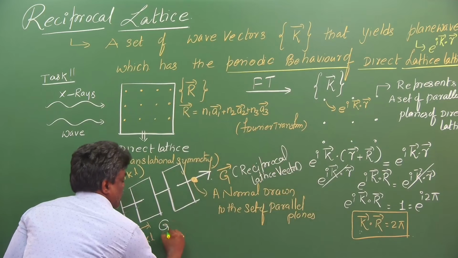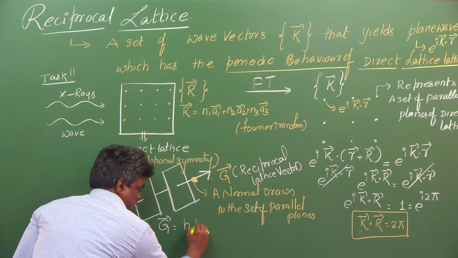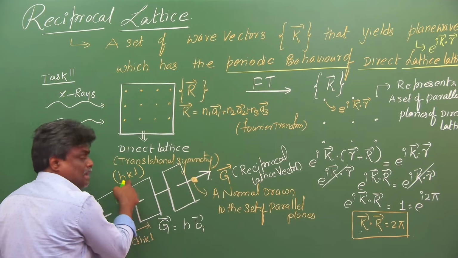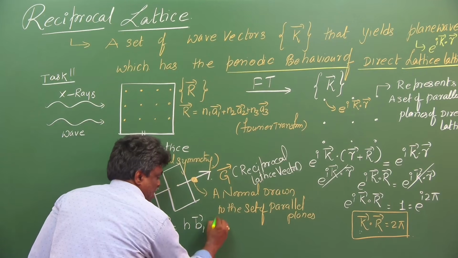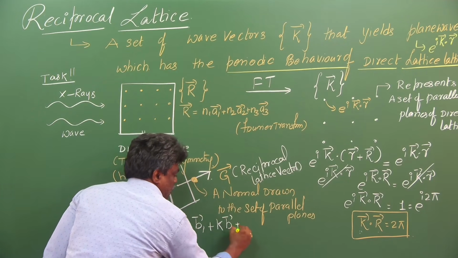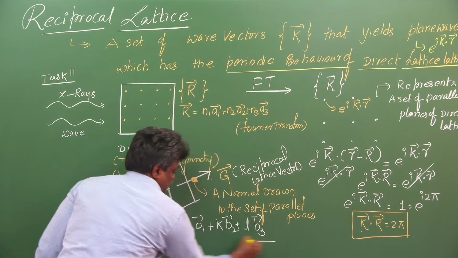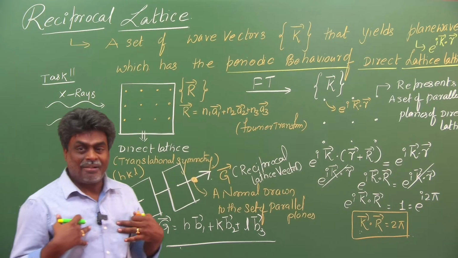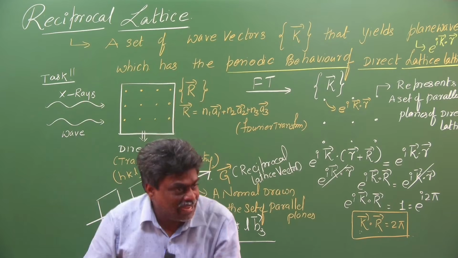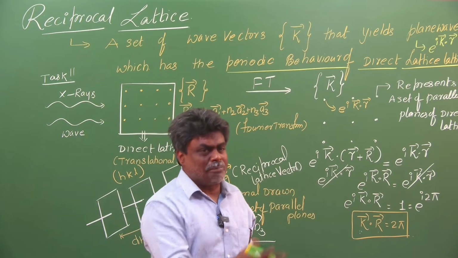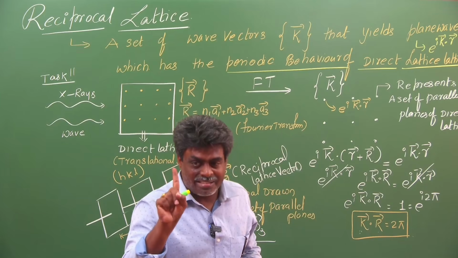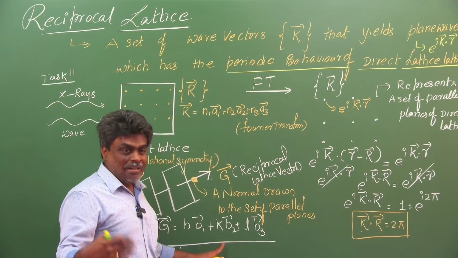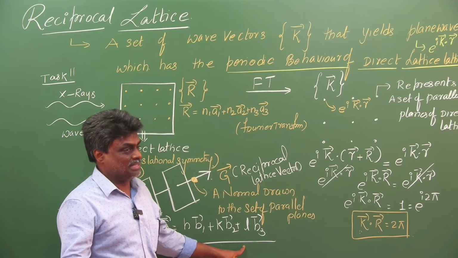That reciprocal lattice vector G bar equals h b1 bar plus k b2 bar plus l b3 bar, because you are representing all these parallel planes with Miller indices. That's it. So, if I have a set of parallel planes in the direct lattice, all those planes are represented by a single reciprocal lattice vector, that is h b1 bar plus k b2 bar plus l b3 bar.